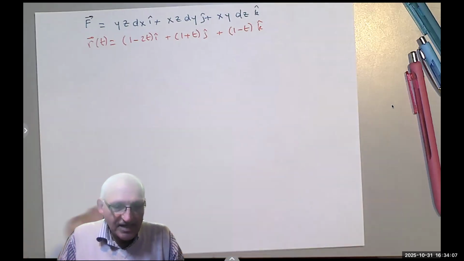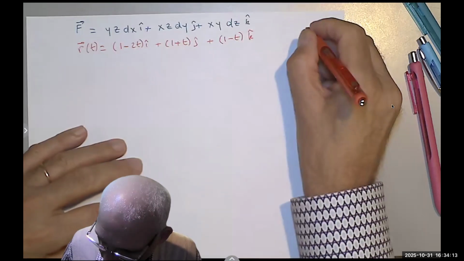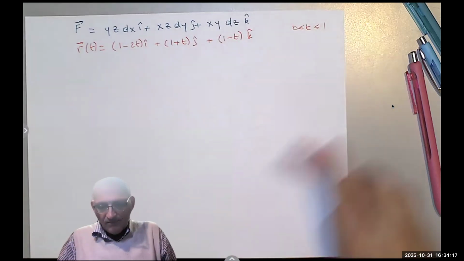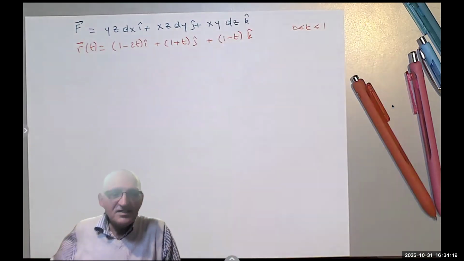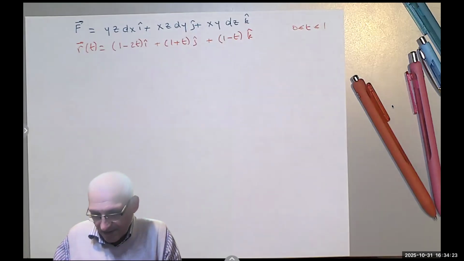And we tell you that t goes from 0 to 1. Just make it easy. What is f dot dr? The integral of that.